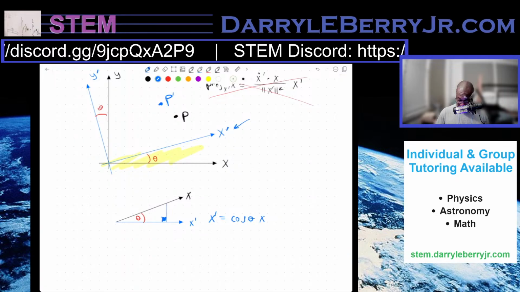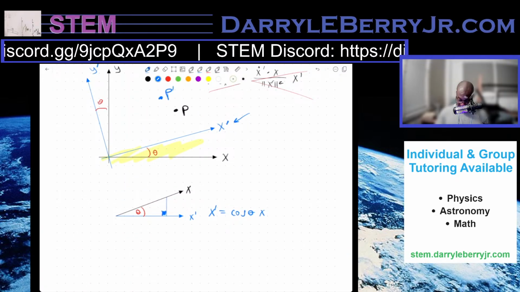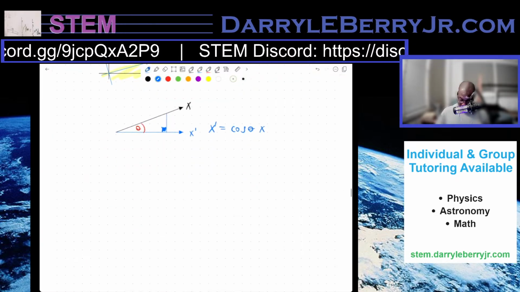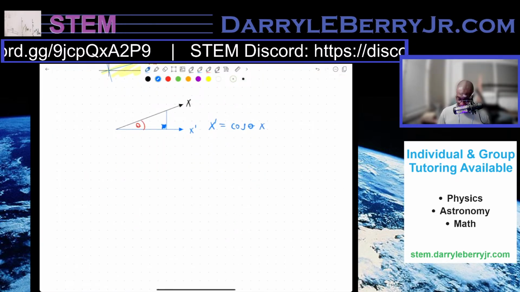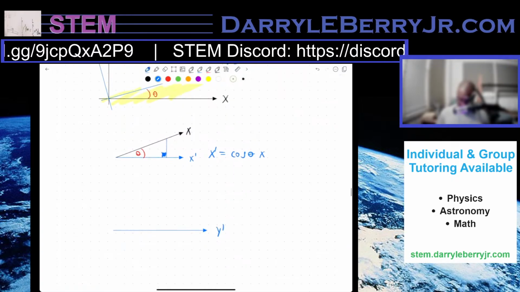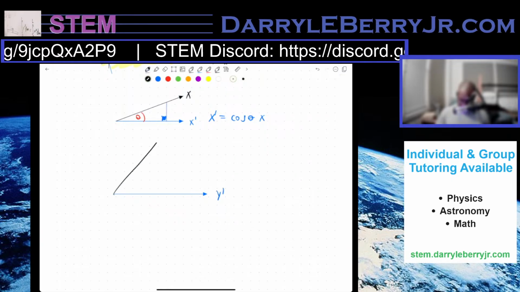So basically, I'll write it over again. It's going to be a wider angle. So this is my y prime. And you can see the y angle is a whole lot larger of an angle.